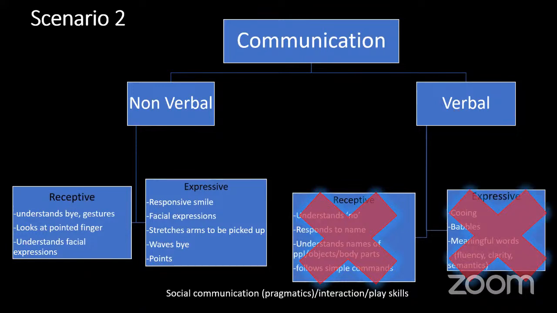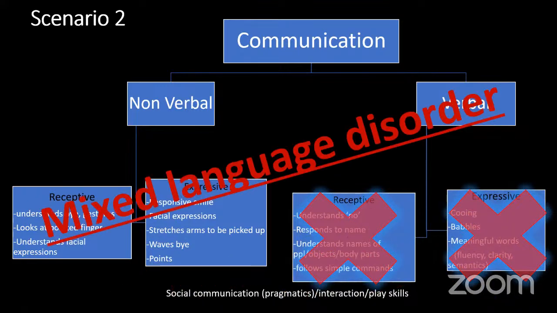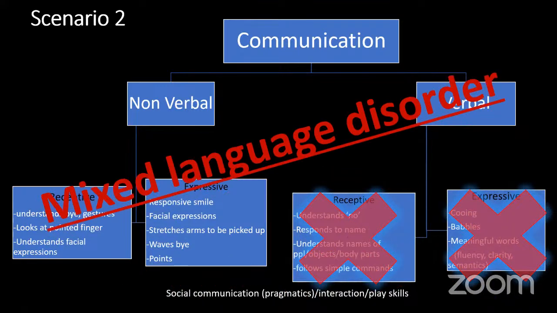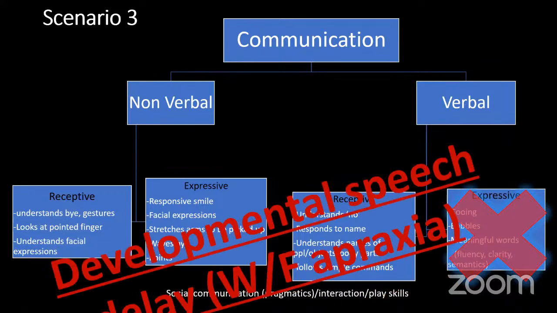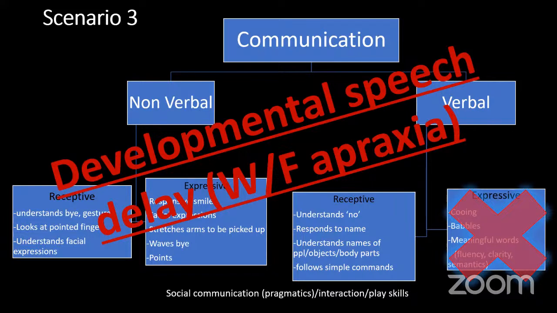Let's take the second case scenario. Similar, receptive and expressive verbal communication is absent or poor or delayed. Non-verbal is present. We have done the hearing test, and that's normal. This is what we call mixed language disorder, a disorder of receptive and expressive speech delay. Let's come to scenario 3, where the child is not speaking verbally, no meaningful words yet, but the parent says that non-verbally he's doing absolutely fine with gestures.